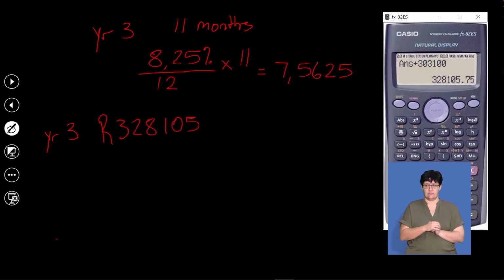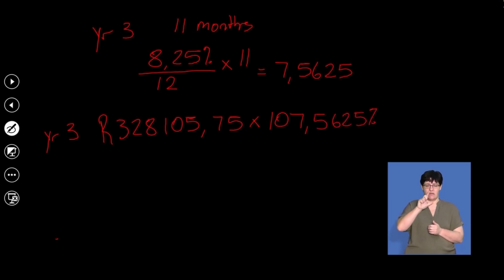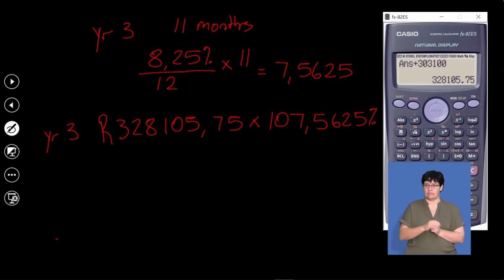Let's remember the decimals. And I'm increasing that by 107.5625%. On my calculator, taking that answer that I had, times by 107.5625%.